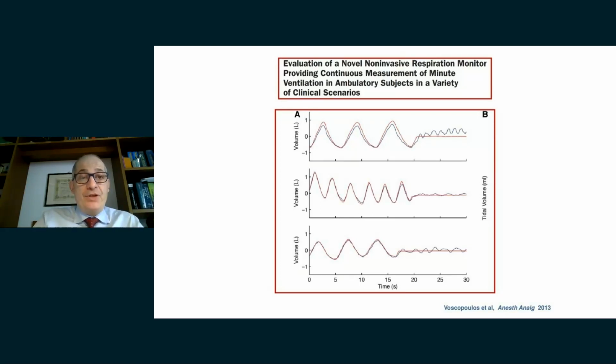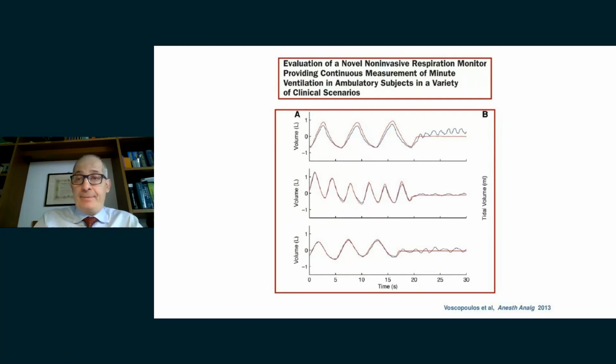As you can see in the right part, the patient was asked to perform an inspiratory effort with the mouth closed. And what happened? The spirometry did not detect any change in the volume, but the device detected the change in the volume of the thorax.